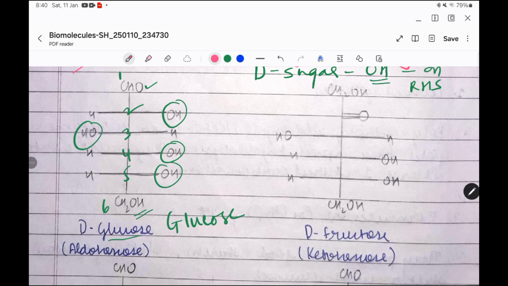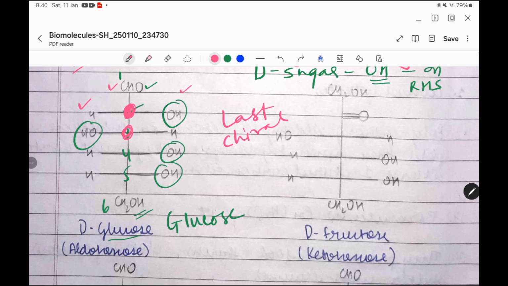So which functional group are we going to talk about? As I told you just now, the last chiral carbon atom. So this is chiral because this is attached to 4 different groups, 1, 2, 3, and this entire thing, right? So this is one chiral carbon atom.